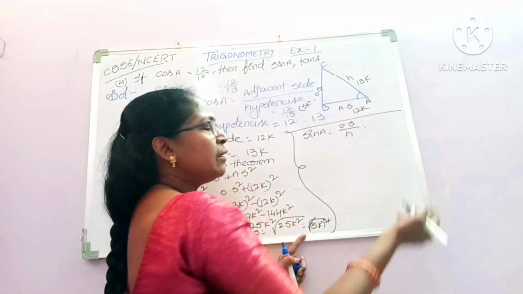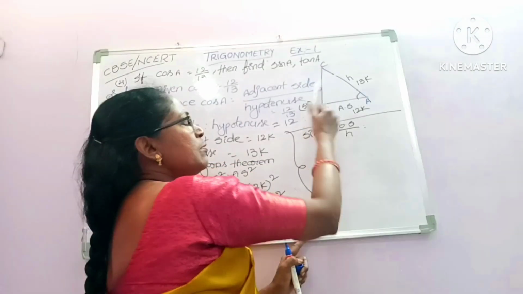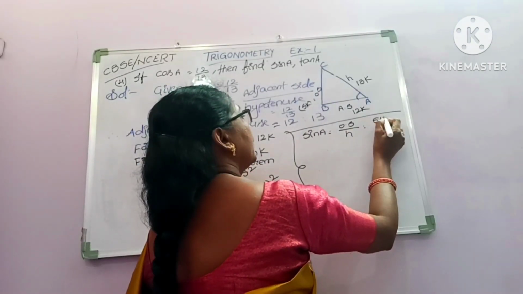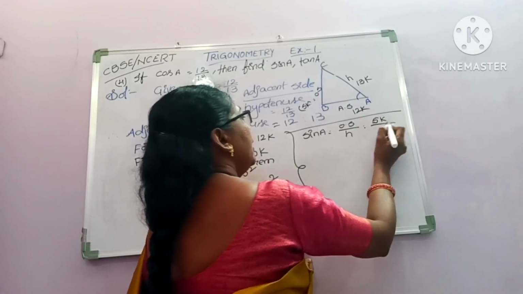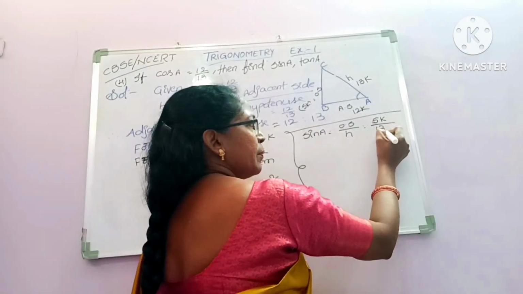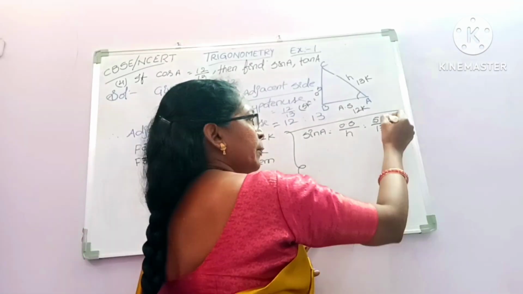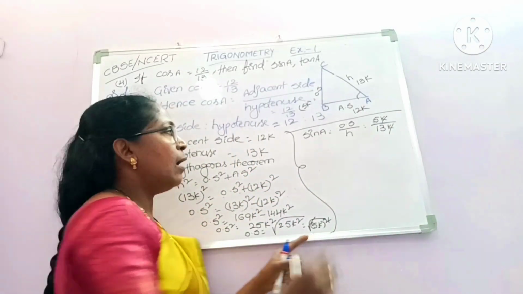You can write BC like that also, but directly you can also write the values. Instead of BC, the value is 5k, divided by the hypotenuse. Hypotenuse equals how much? 13k. Here k and k will be cancelled. So 5 by 13 is the answer.